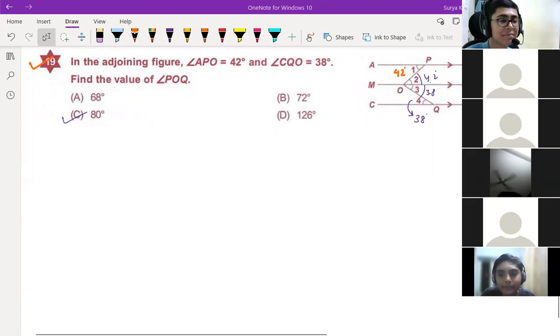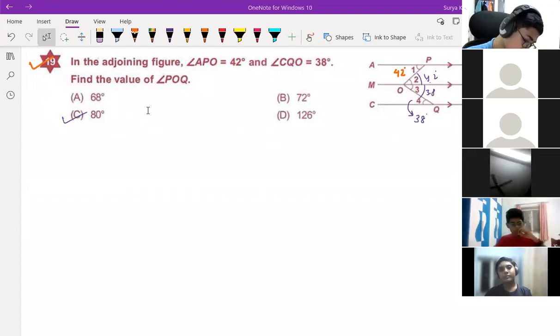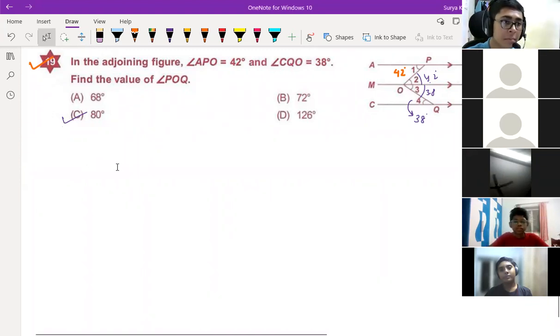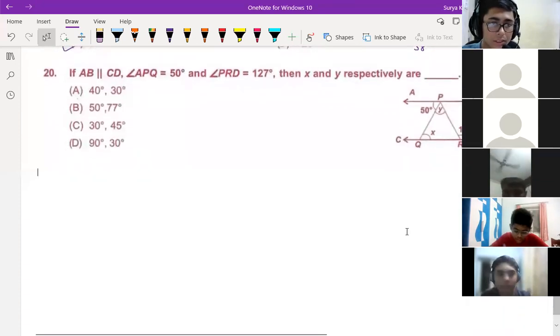So now question number 20. AB is parallel to CD.